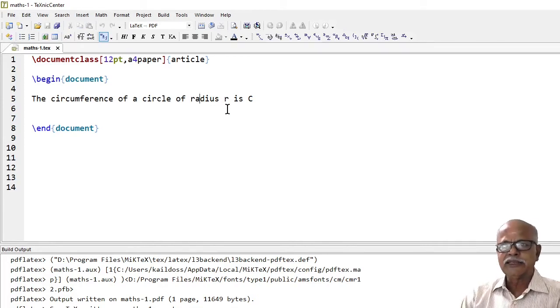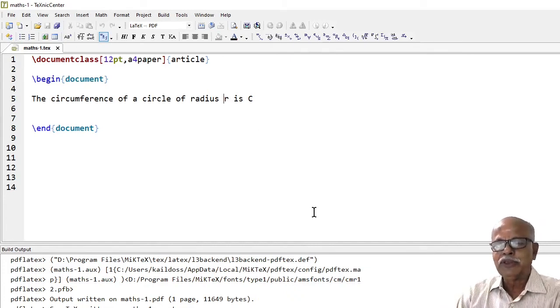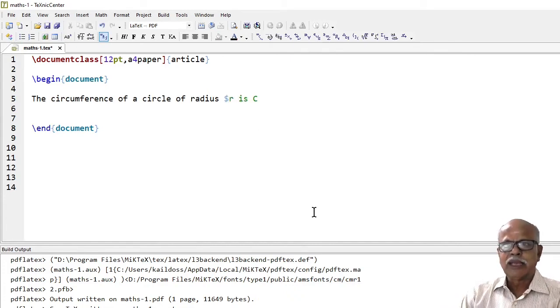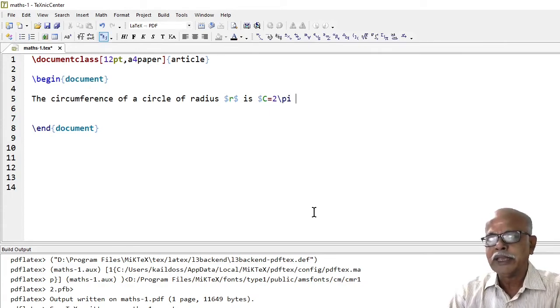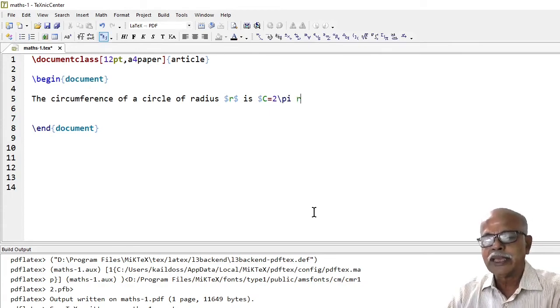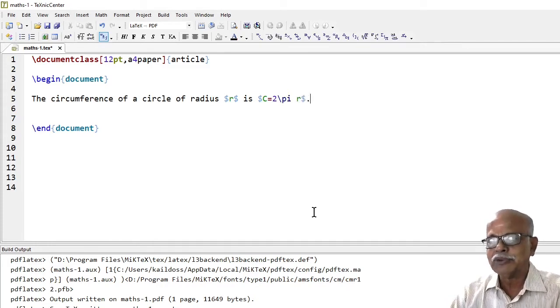In LaTeX, to start math mode, we use $. And then immediately after r, math mode ends. Again, circumference, the formula, again we start math mode: c equal to 2 pi r. Again we stop math mode.